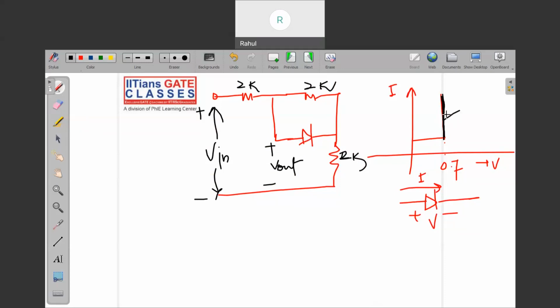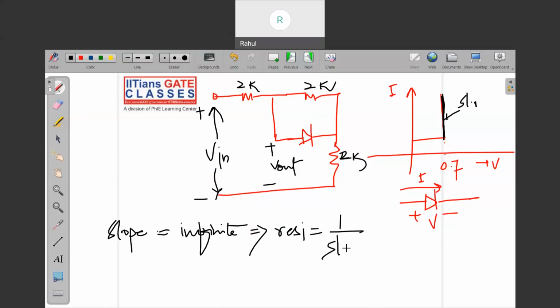Because the slope here is infinite. It means that the resistance, equal to 1 upon slope, is equal to 0. So the diode will be replaced by a short circuit when the diode is on.